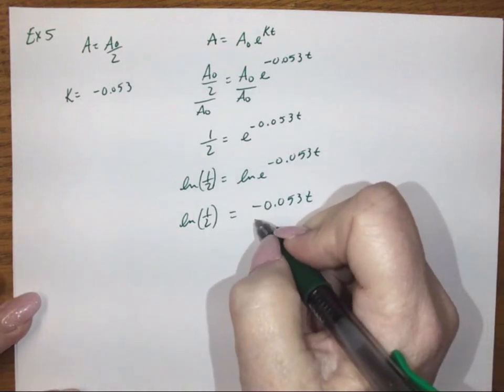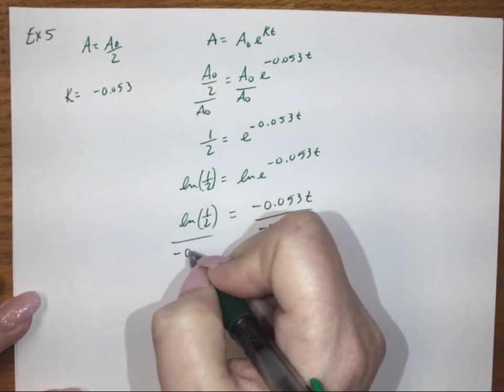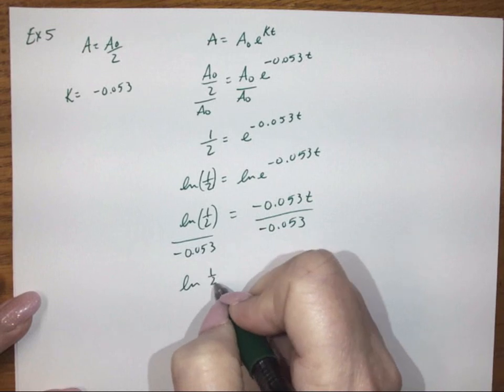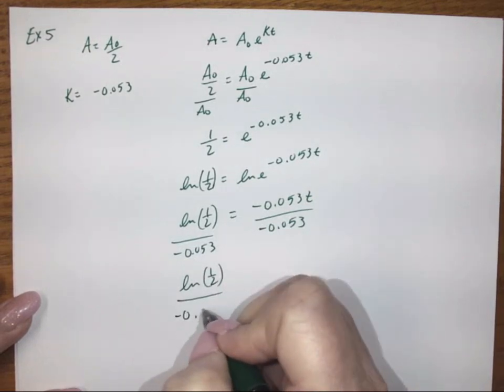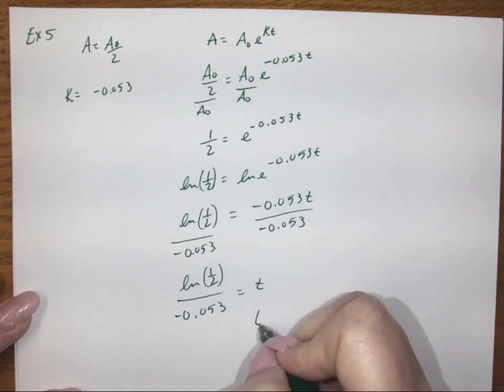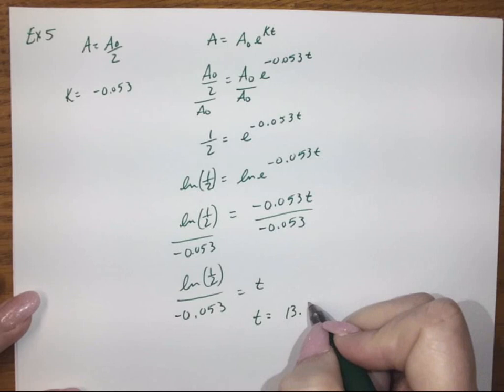And we're going to divide both sides by negative 0.053. So the ln of 1/2 divided by negative 0.053 is equal to our t. So our t is equal to 13.1.